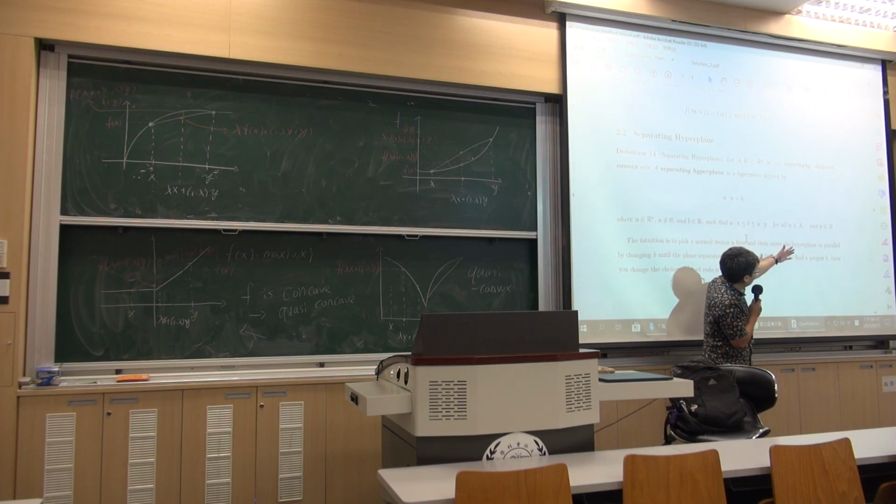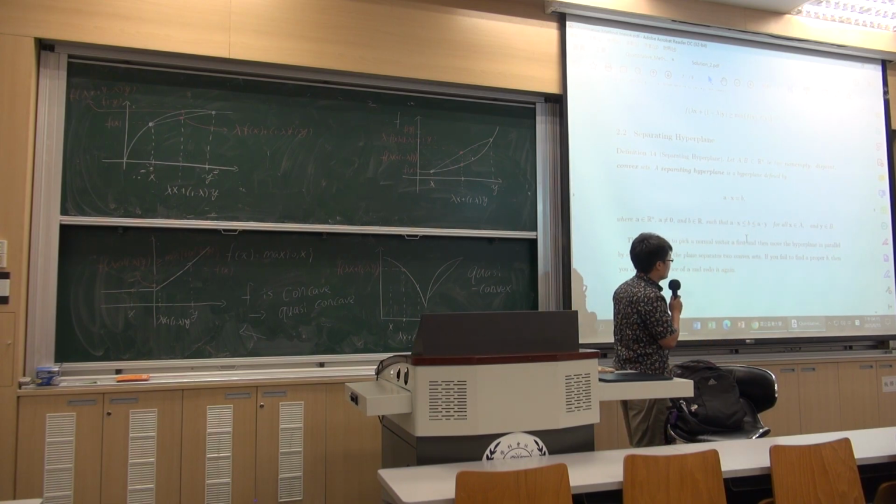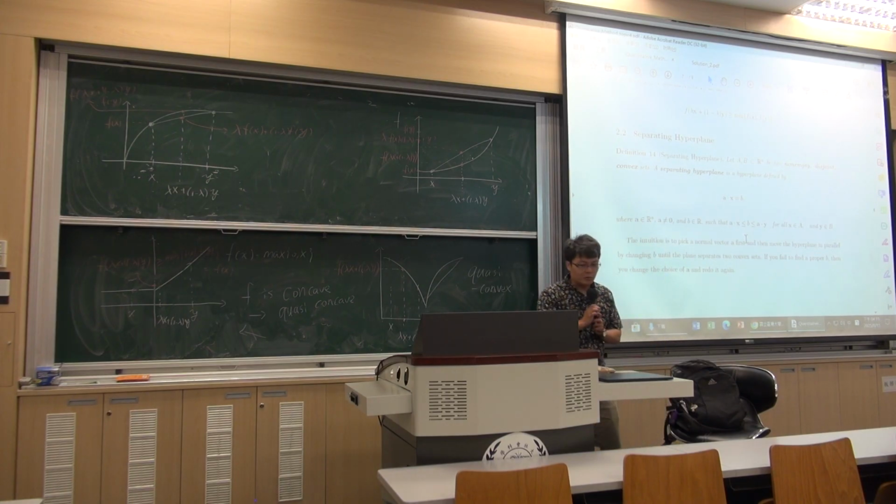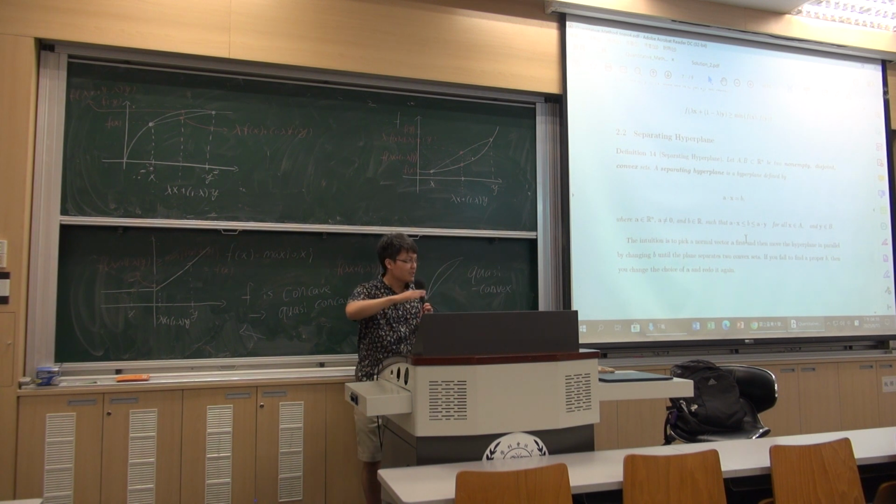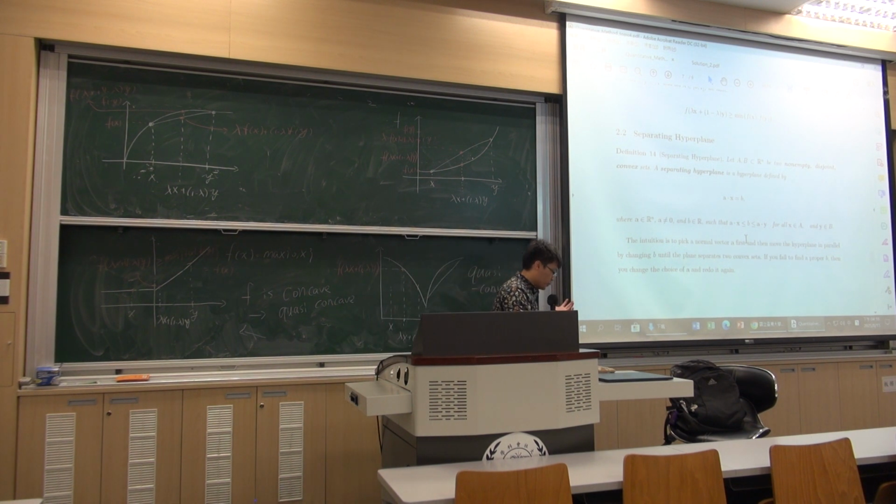And if you put y into the left-hand side here, you will figure out that the number you get is always larger than this certain number b. Okay, so that's how we can see the plane separates the two sets.